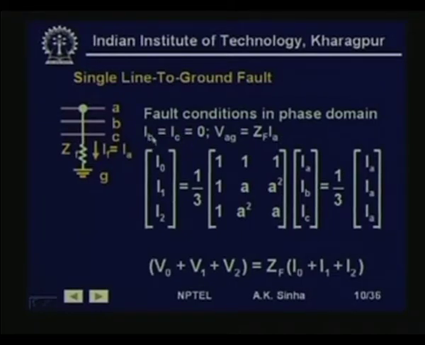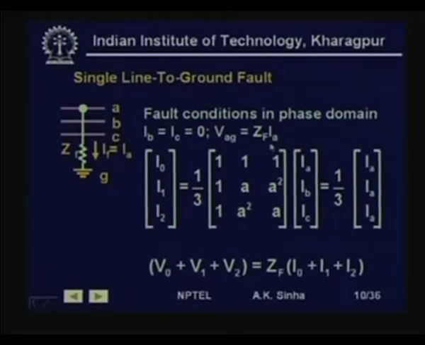So, the conditions are IB and IC equal to 0, and also for this faulted phase A, we have the voltage between the fault point and ground, that is VAG, equal to ZF, the impedance, into IF, the current which is flowing through this impedance due to fault. So, ZF into IF, which is the same as the current IA, because pre-fault currents are 0. So, we have another condition as VAG, which is the phase A voltage, equal to ZF into IA.